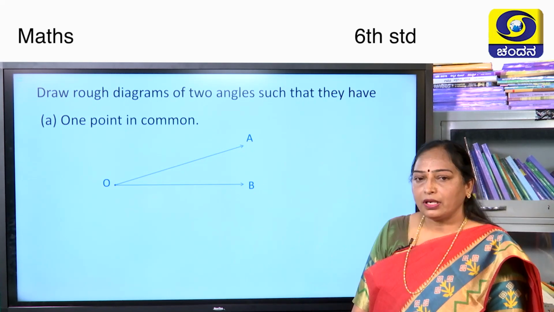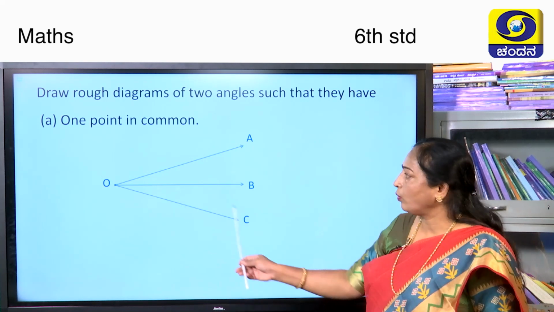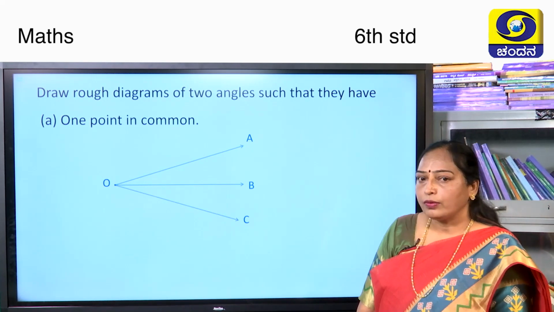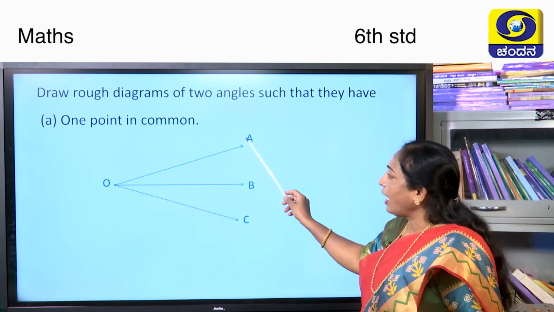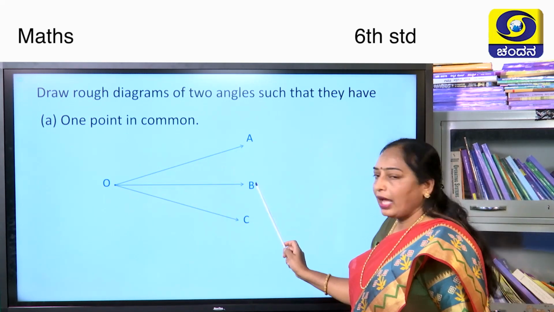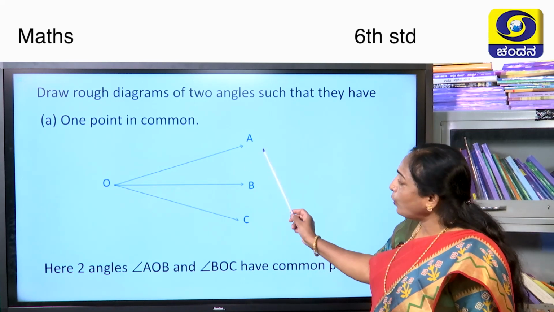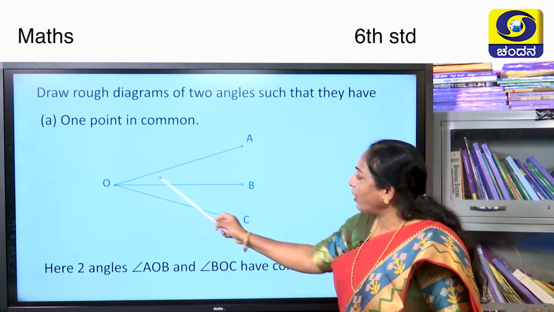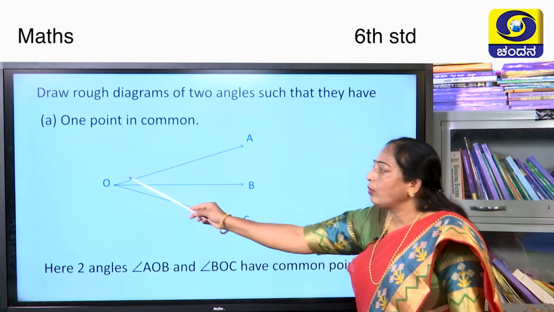We will draw one more ray from the point O, that is OC. Now O is a common point for two angles, angle AOB and angle BOC.